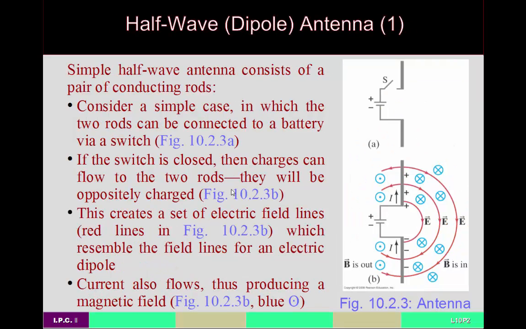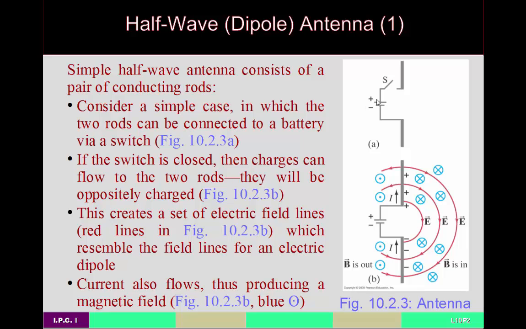So how does this thing work? Well, you start off with a pair of conducting rods. Let's consider first of all the simplest case, in which you have two conducting rods as shown here, and then a battery with a switch that you can throw. If you close the switch, what's going to happen?